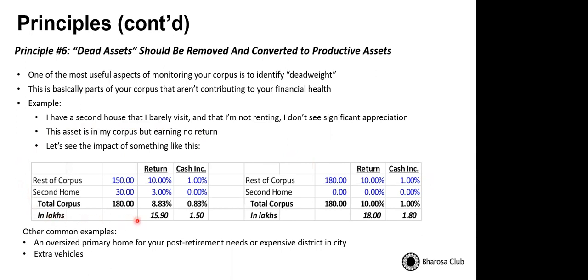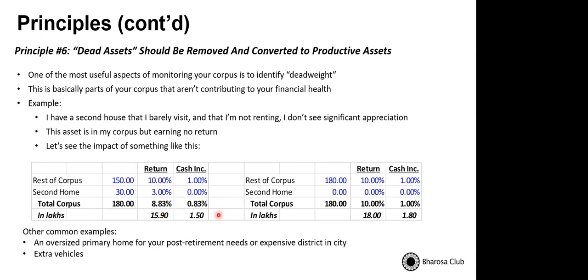So let's say that I had a 1.8 crore corpus. 30 lakhs of that was in the second home. 150 lakhs of it, 1.5 crores of it, was in other items that gave me a 10% return, right? And the house is only giving me a 3% return appreciation, right?